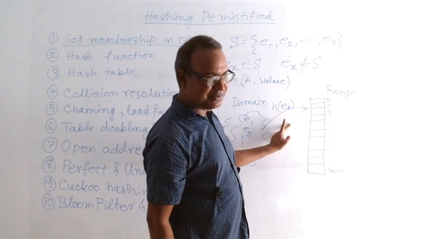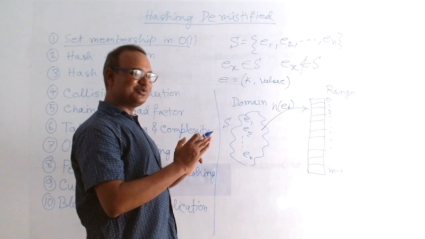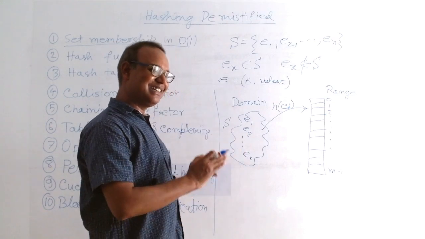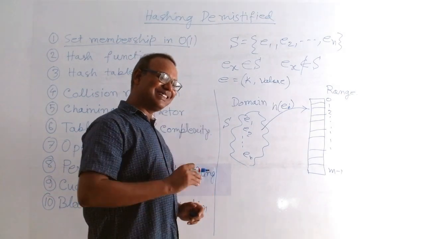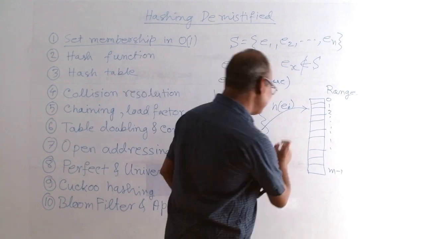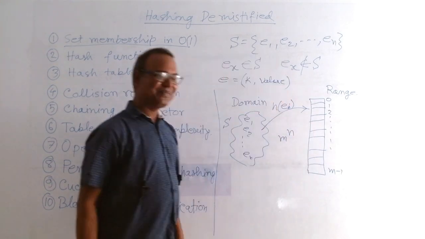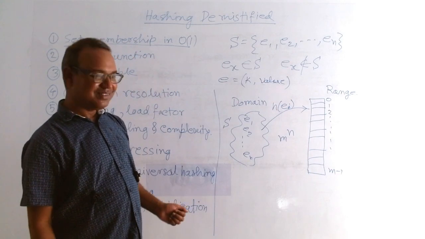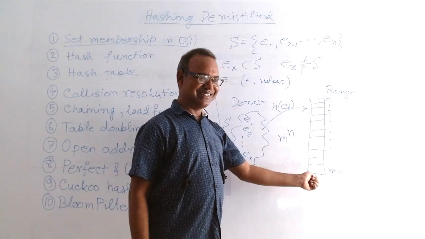So how many such functions exist? Okay, if we have two sets A and B, A has the cardinality of n and B has the cardinality of m, how many functions can we draw from A to B? We can derive m to the power n functions here. How? Because every element can be mapped to any position.